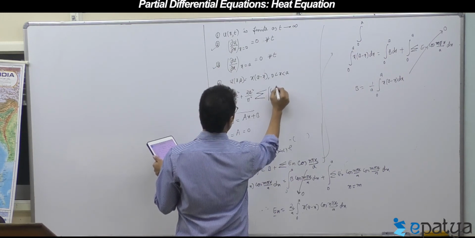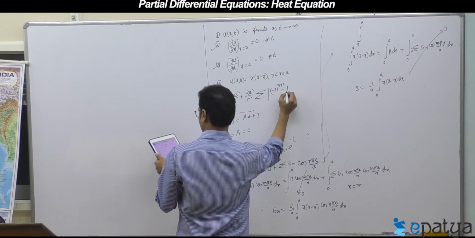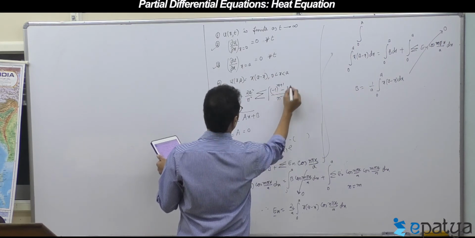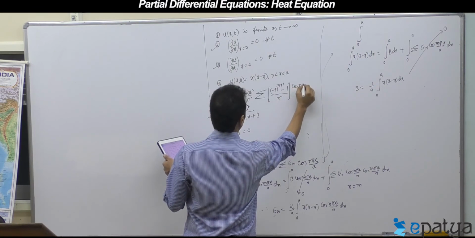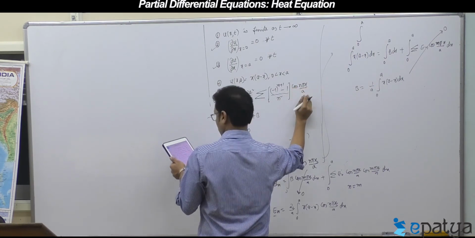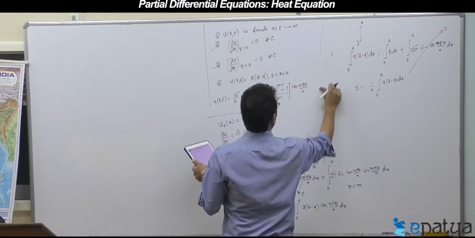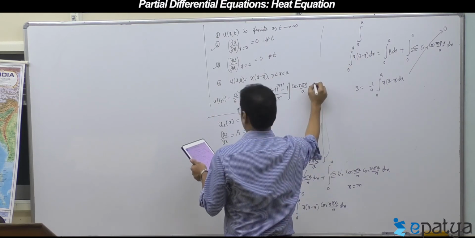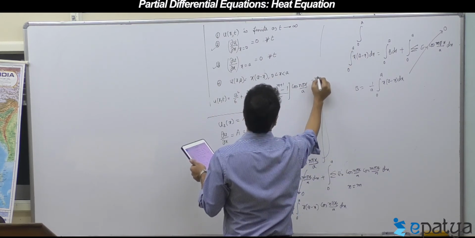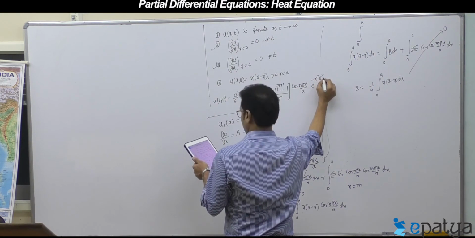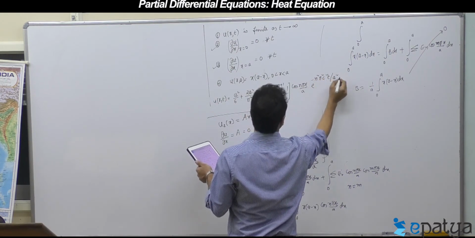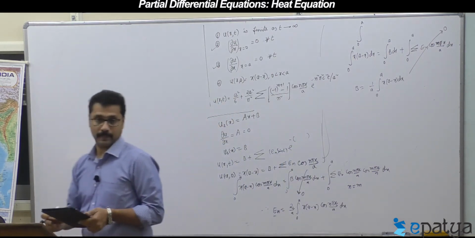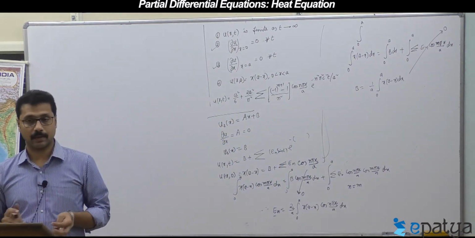So minus 1 whole to the n plus 1 minus 1 by n square into cos n pi x by a into e power minus n square pi square c square t by a square. Okay?